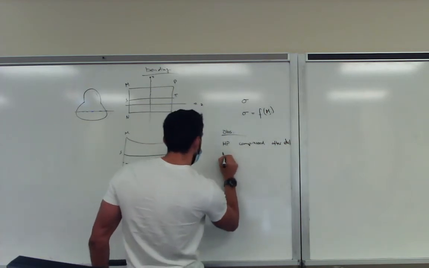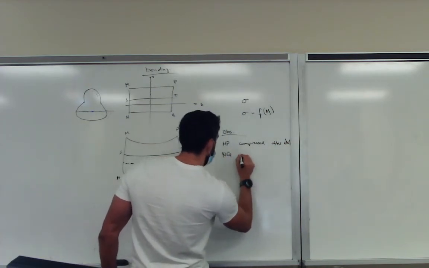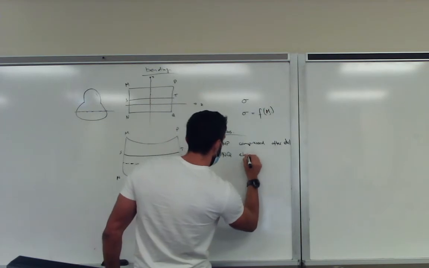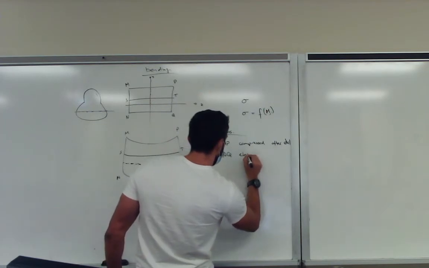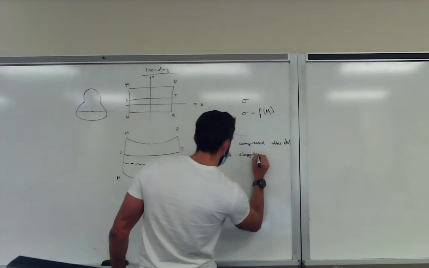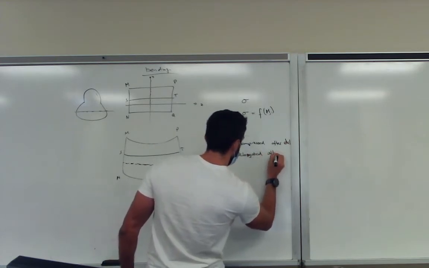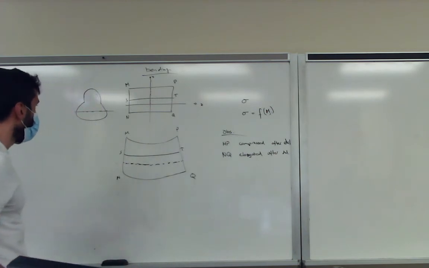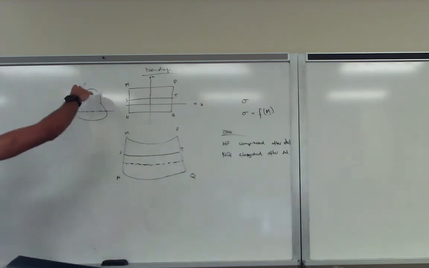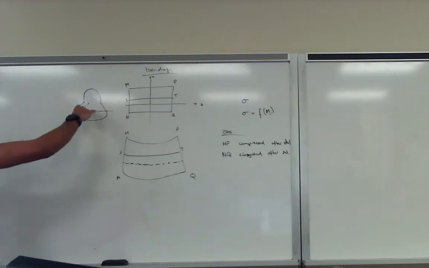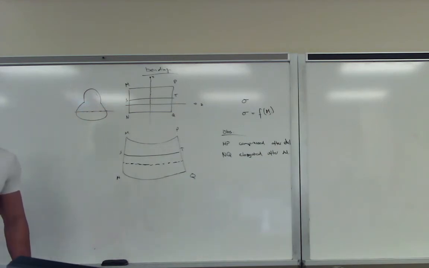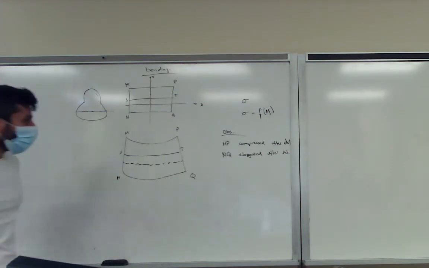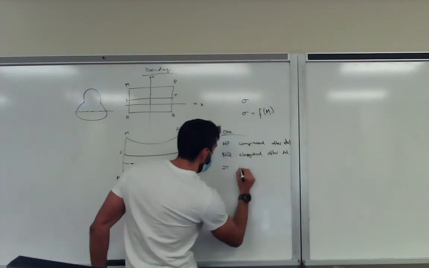We get NQ elongated. And what we know is that even if we go through the thickness, we'll hit a point where both sections are exactly the same. In this case, we assume that's ST. So ST remains the same.